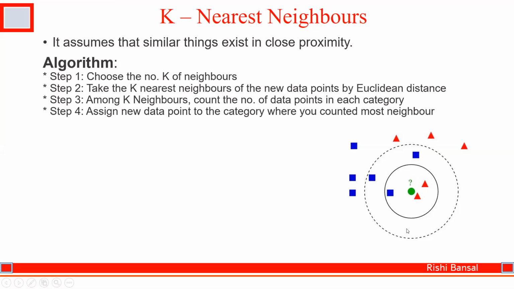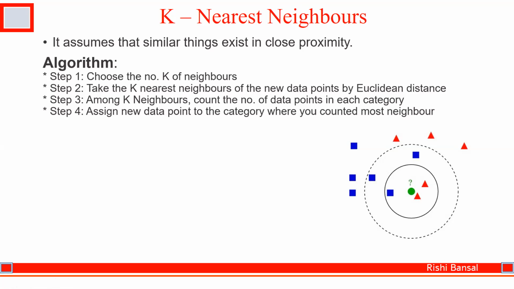Now you have taken the closest 3 readings. Out of these 3 readings, you will see what the categories of these readings are. Two readings are falling into red triangle and 1 reading is falling into blue square.